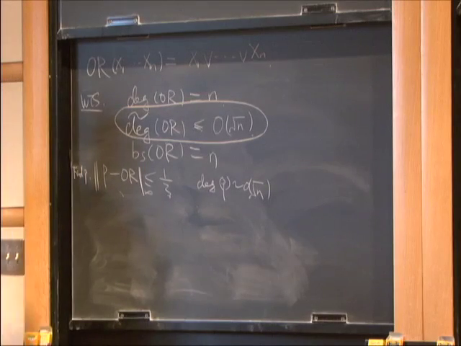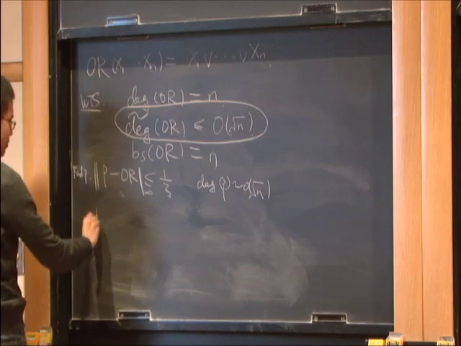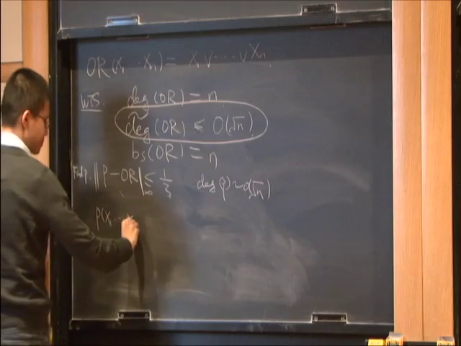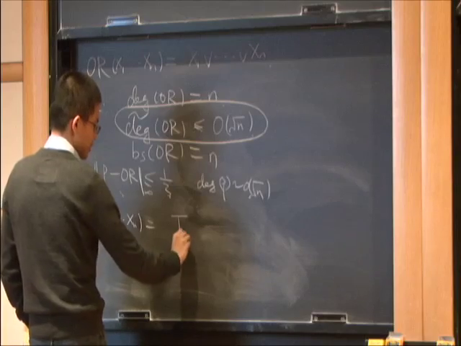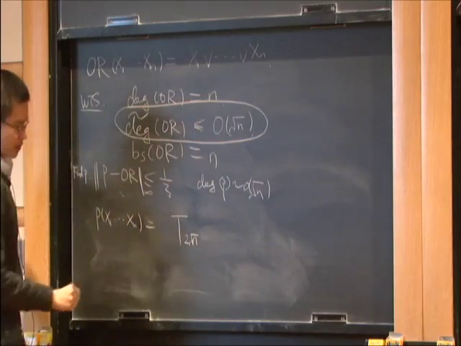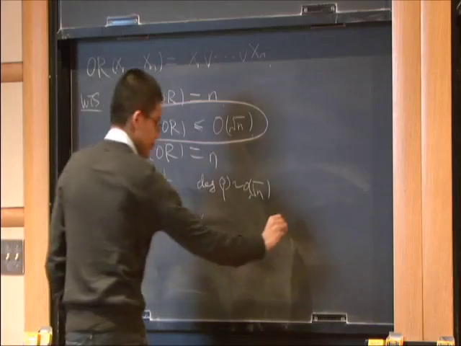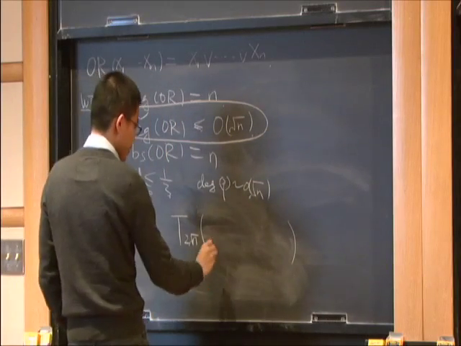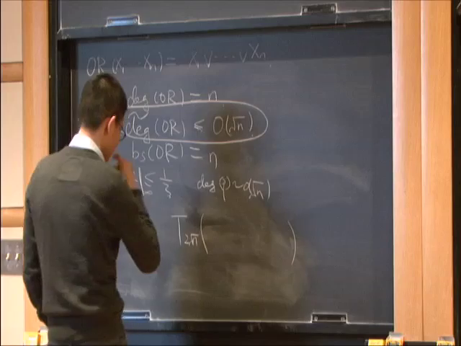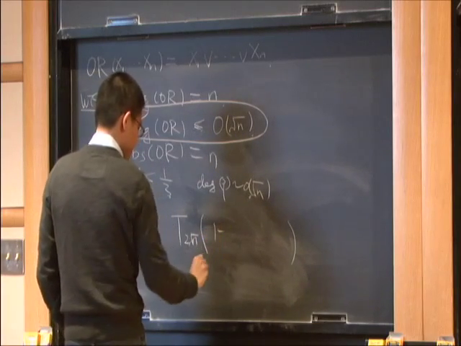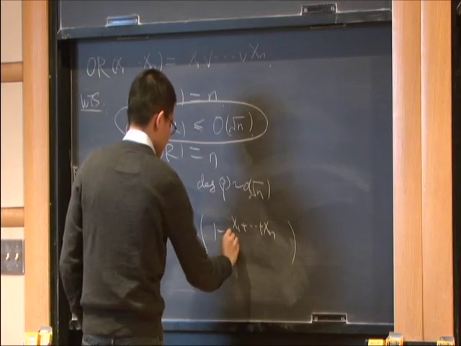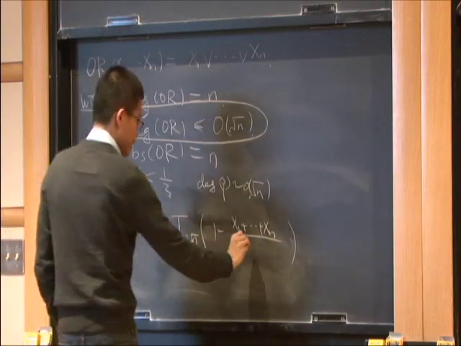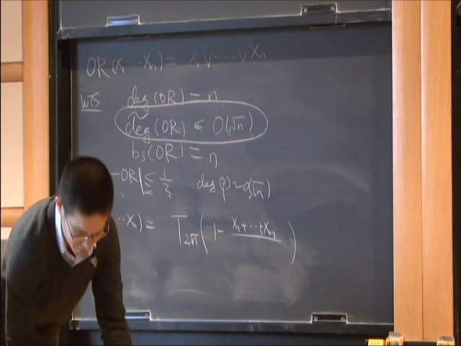So now what we can do is take the polynomial p to be the following. We take the Chebyshev polynomial of degree 2 root n. Here we look at basically the Hemingway bar, like 1 minus this. So let me write it down. It's 1 minus T_2√n divided by, I have to check whether it's n plus 1 or n.